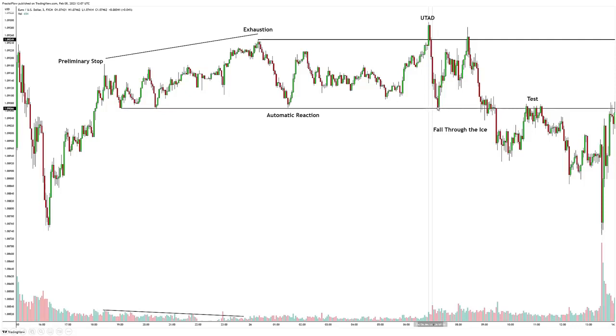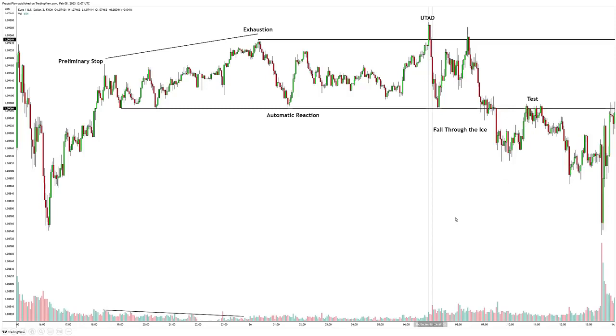And right after that, it goes back to test the level determined by the exhaustion. By this time, we already have an upthrust after distribution, so we can think about a short trade at the test of this line. This is the highest quality trade according to the Wyckoff method. Price eventually falls through the ice and then comes back to produce the last event in the textbook Wyckoff cycle, which provides another opportunity to enter the market.